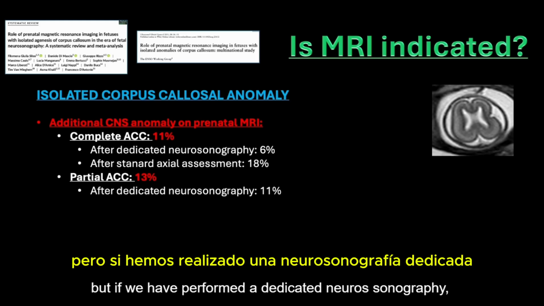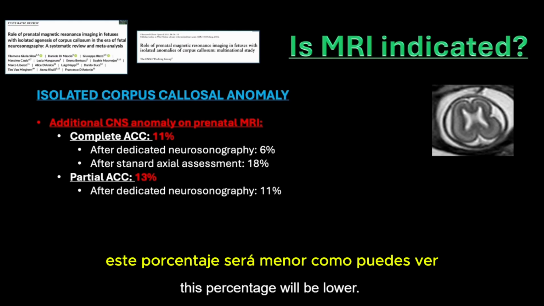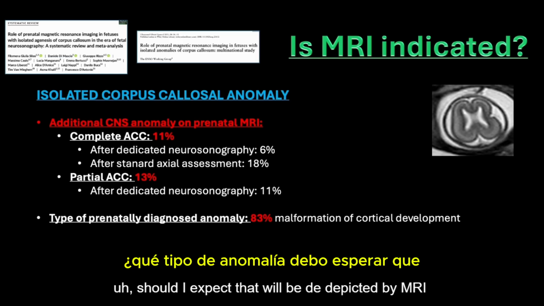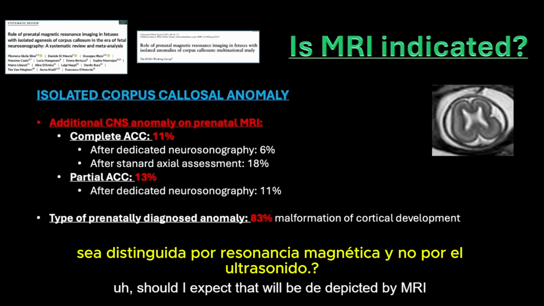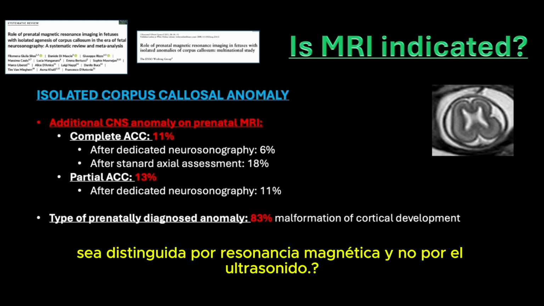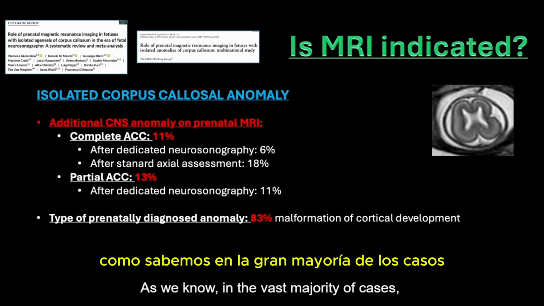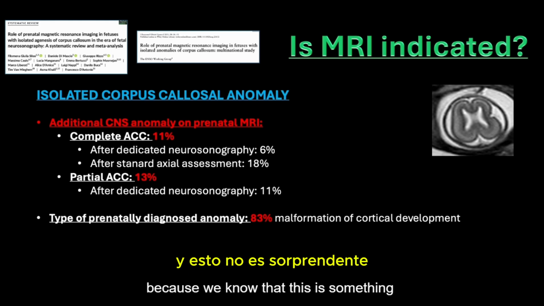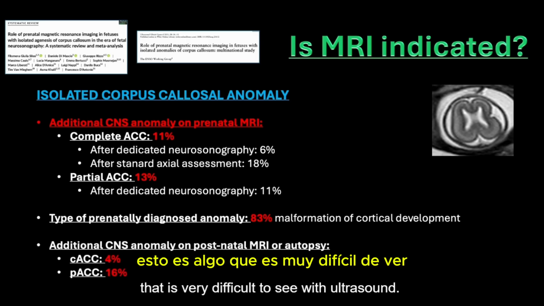But if we have performed a dedicated neurosonography, this percentage will be lower, as you can see. Which type of anomaly should I expect to be depicted by MRI and not by ultrasound? As we know, in the vast majority of cases, these will be malformations of cortical development, and this is not surprising because we know that this is very difficult to see with ultrasound.